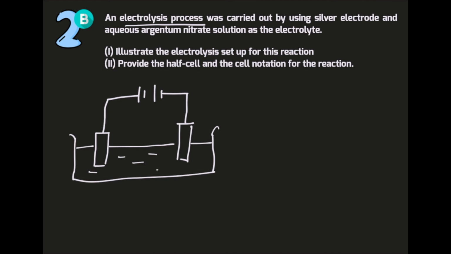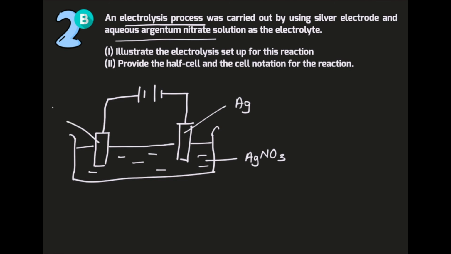What else you need to do is label it. The electrolytes is aqueous argentum nitrate solution, so AgNO3, and the electrodes are both silver, so argentum.